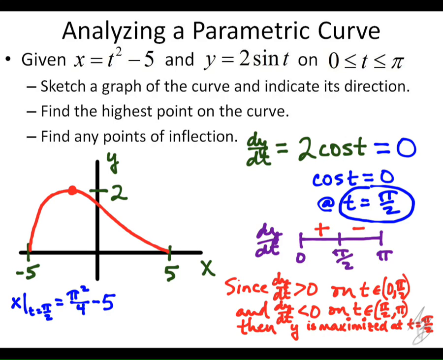Pi squared over 4 minus 5? Yep. Do you know how I got that? Let's put that in terms that make more sense to us, though. Type that into your calculator and let's round that to the nearest thousandth. Negative 2.533? Is that what you said?